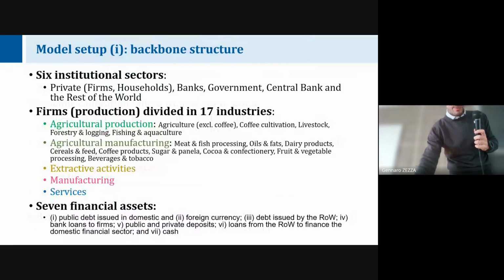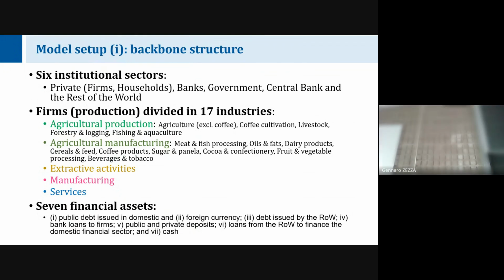Sorry, we have seven financial assets. Again, as was mentioned before, Colombia is not a highly financialized country, so we have the government issuing debt in foreign and national currency. We have the central bank buying foreign bonds from the rest of the world as reserves.